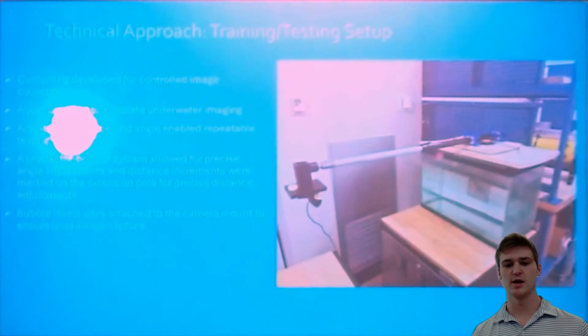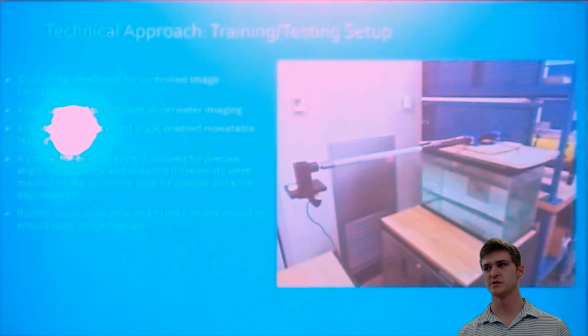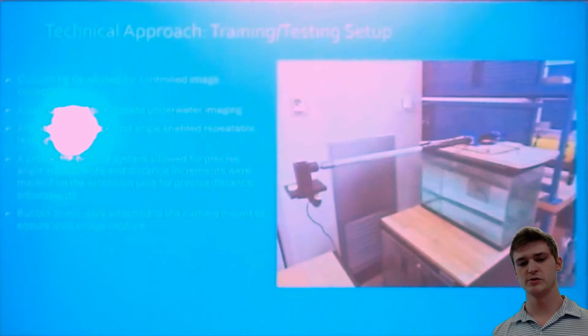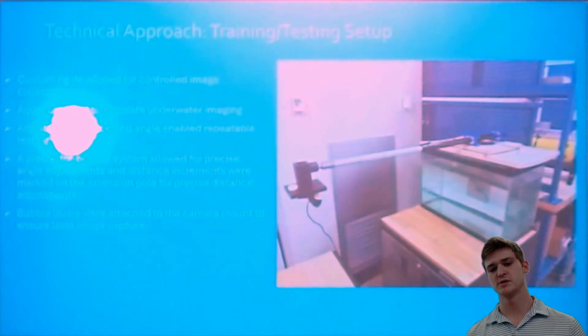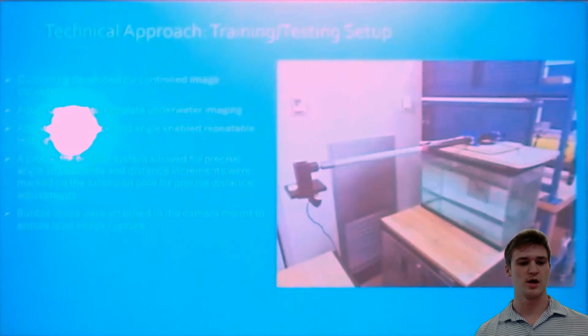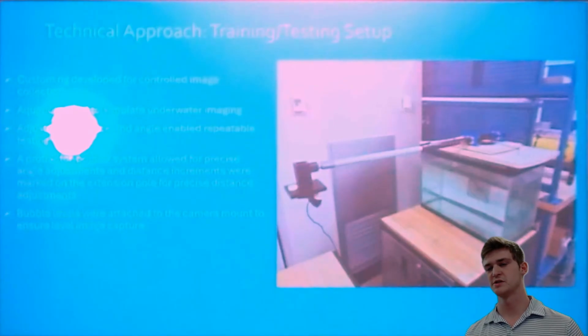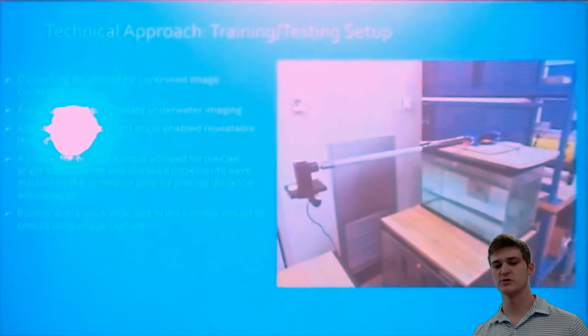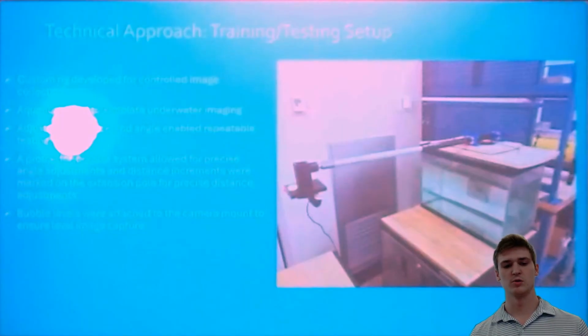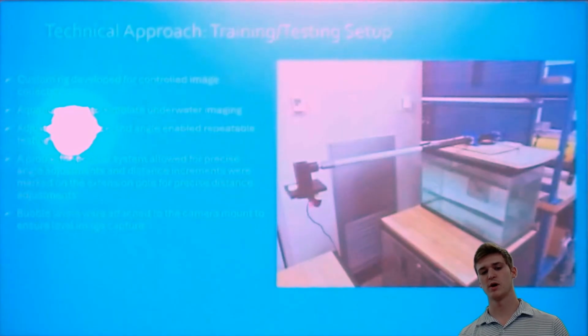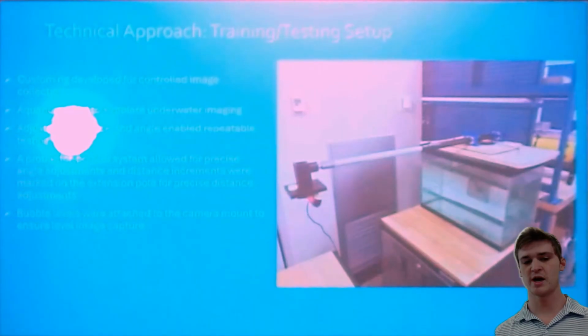And I used an extendable painter's pole to be able to control the distance variation from the target, as well as a lazy Susan bearing on these two wood plates to be able to rotate left and right for different angles. And I used a protractor pointer system to monitor that angle variation and bubble levels on the camera mount to ensure that I was getting level image capture.